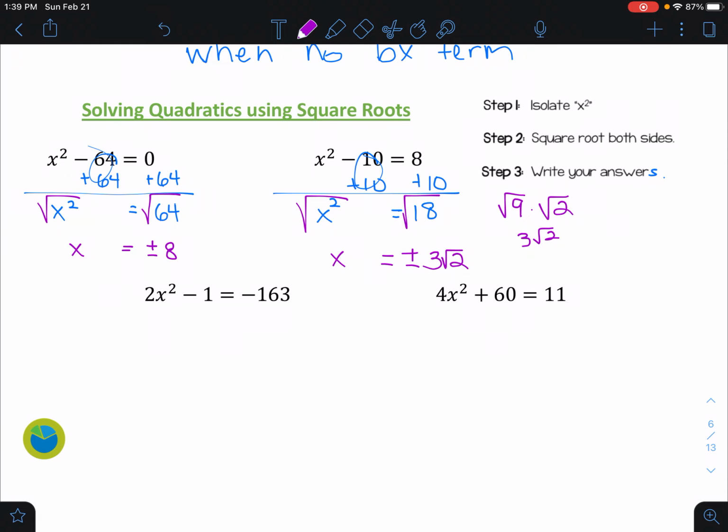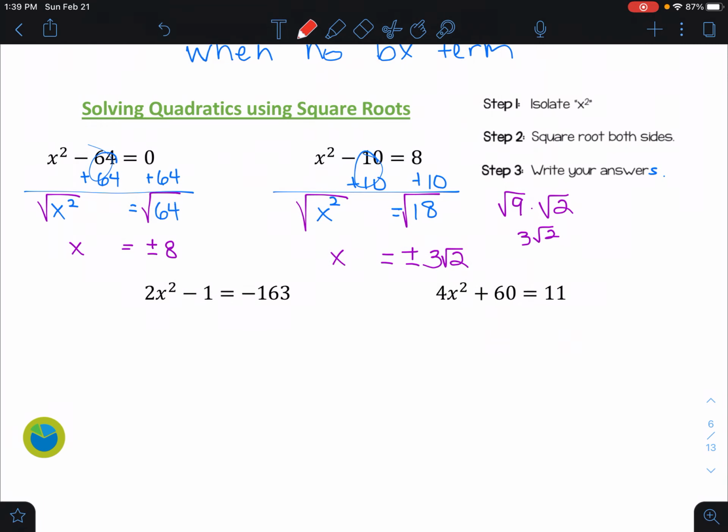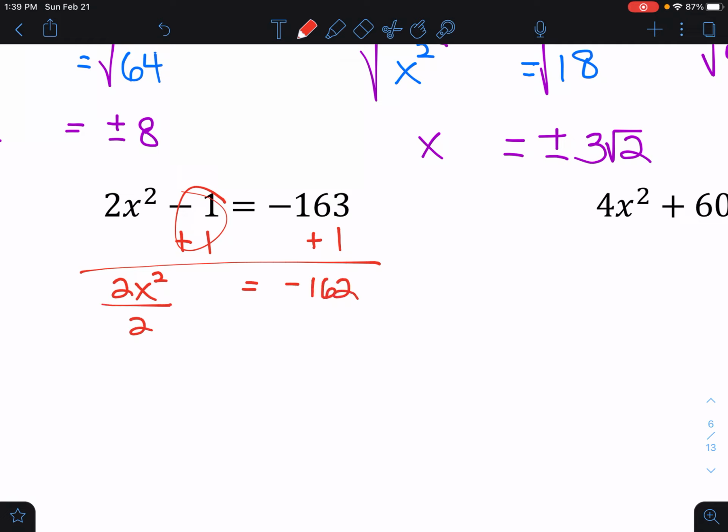Okay, so how do some of these other ones work? Same thing, notice no bx term. I'm going to isolate the x squared. I get 2x squared equals negative 162. Divide by 2 first, I get x squared equals negative 81. Now I'm going to take the square root of both sides. So I would get x equals, now I want to break that apart, right?